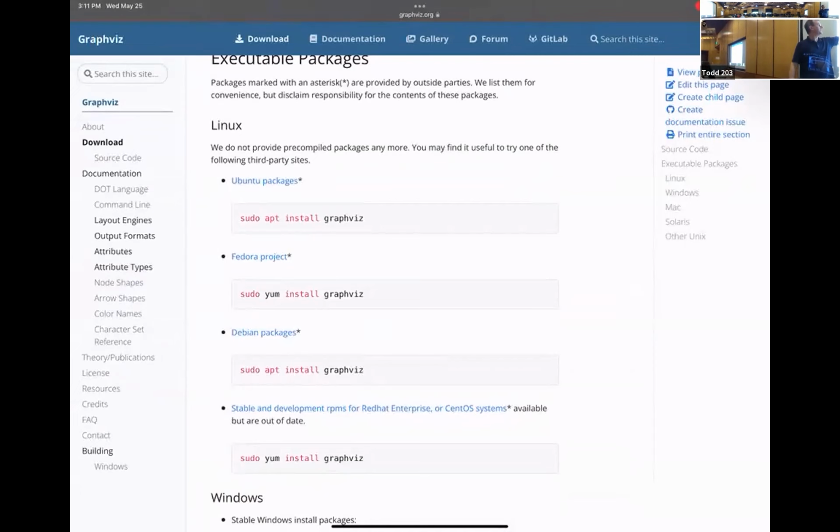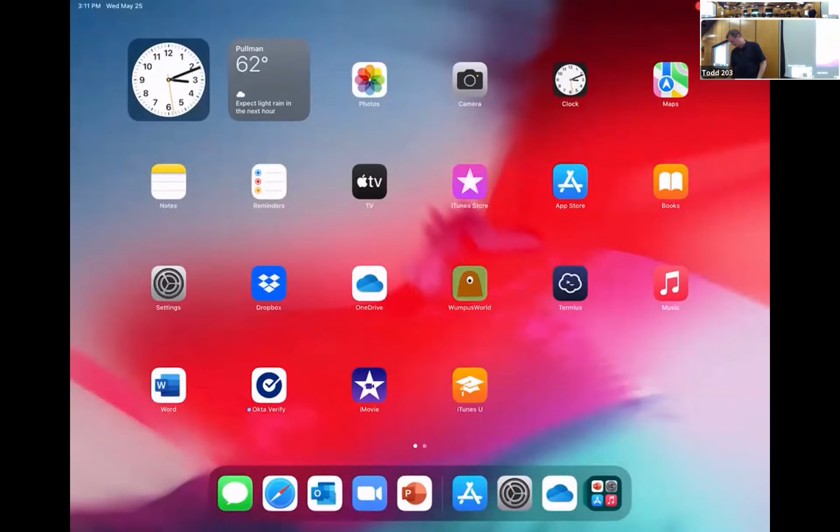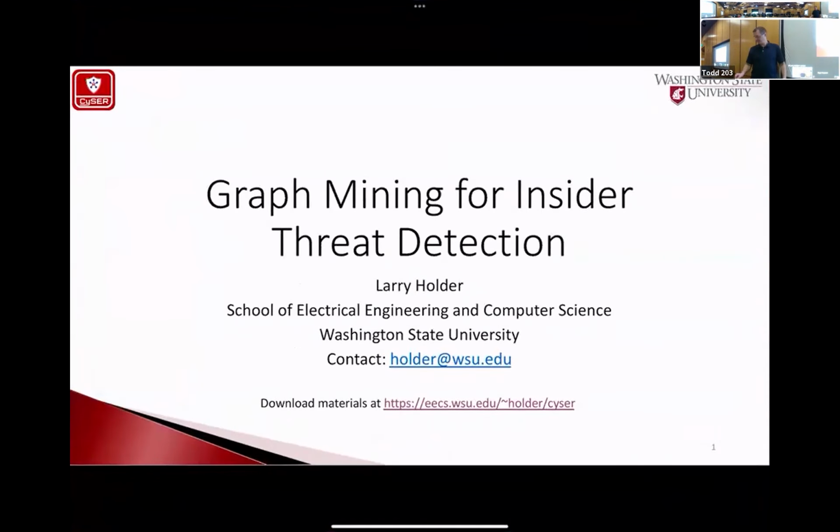You type this into your AWS Linux distro and supply your password, and it will install that for you. You don't have to download the code, but you can if you want. I'll go through this again a little later, but this is for those of you who want a head start.